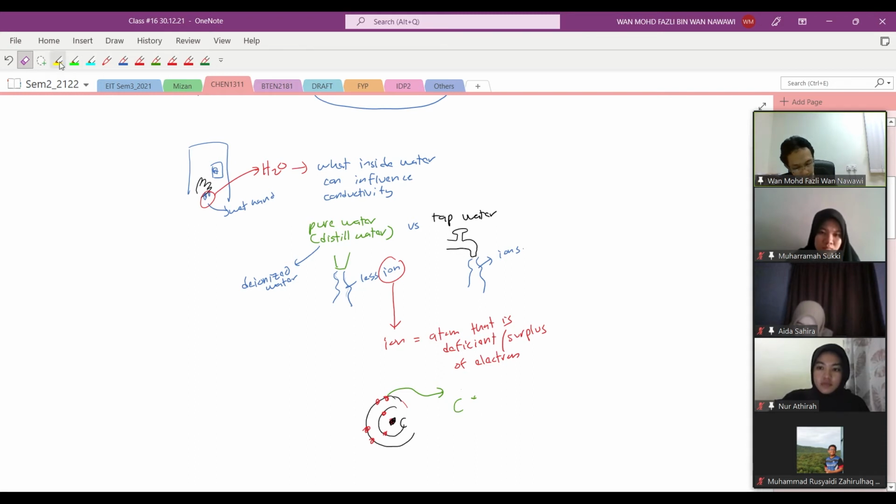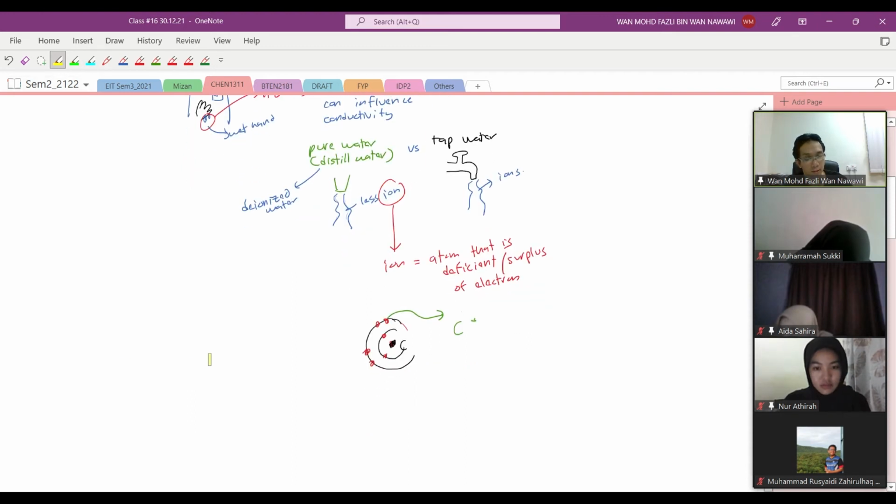So that's basically what it means by ion. When the electron goes out from the atom, the atom has fewer electrons than normal. When that happens, we call it an ion. That atom becomes an ion. It's also the same thing if you add more. For example, let's say the same carbon.